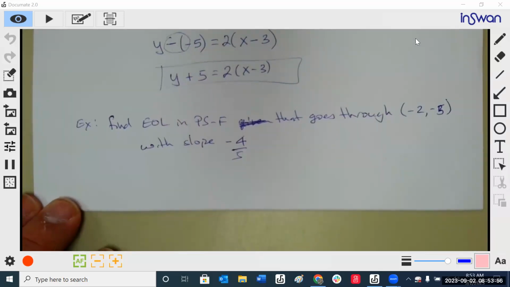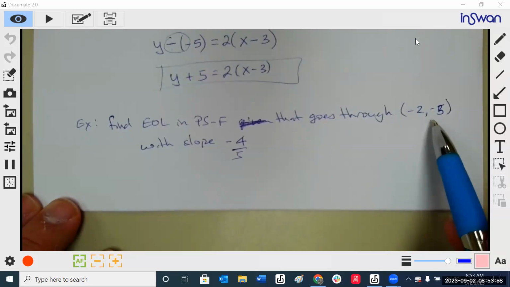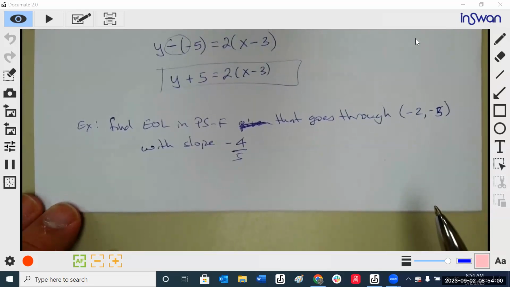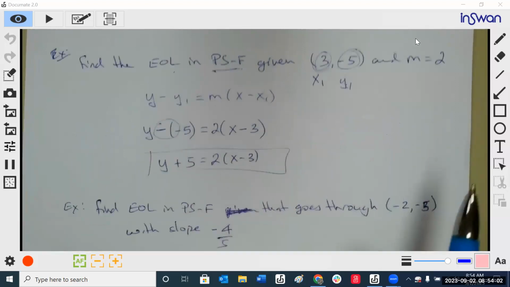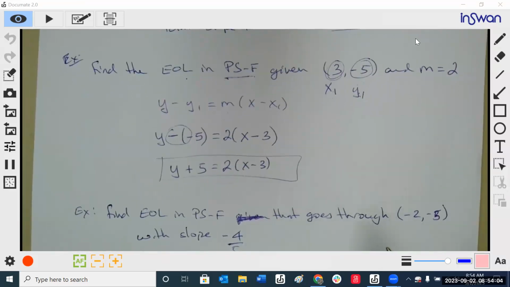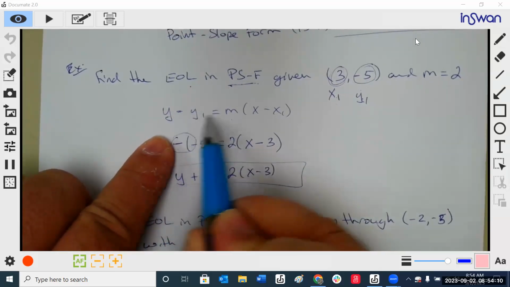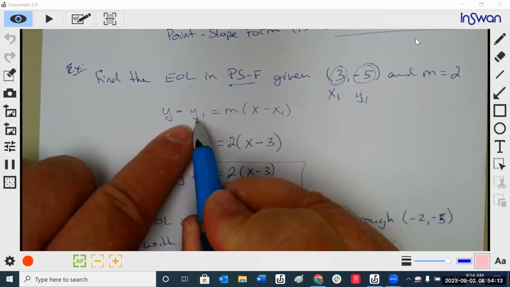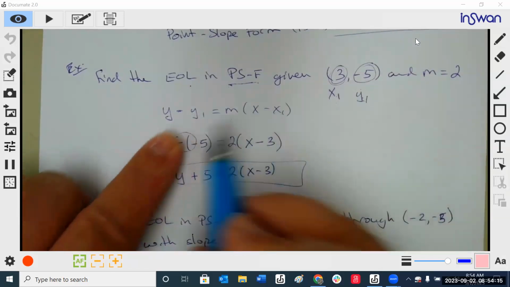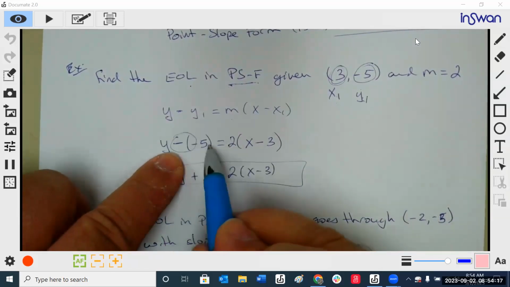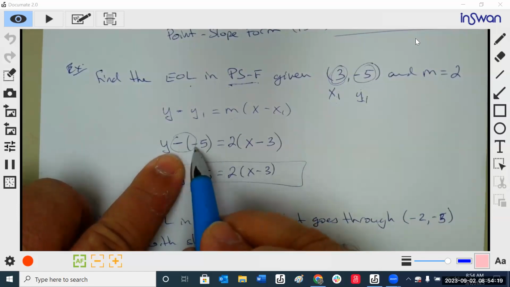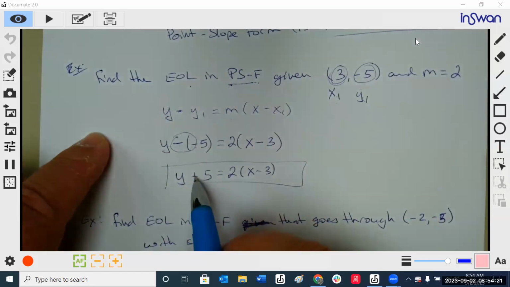Okay, this question, put it in point slope form. It goes through the point -2. Because the equation is y minus y1 equals all this. What is y1? So it's y minus -5. Negative times negative is a positive.